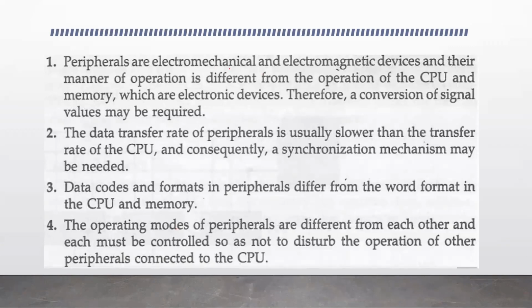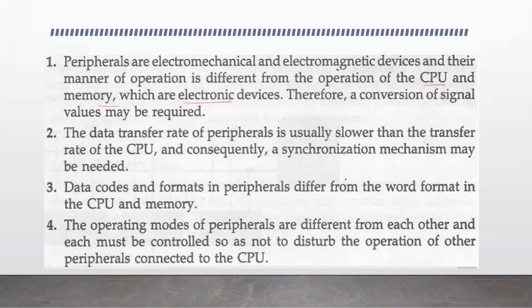The peripherals are electromechanical and electromagnetic devices, and their manner of operation is different from the operation of the CPU and memory, which are the internal components, electronic devices. So the manner of operation of the input-output devices is different from the electronic devices, such as the CPU and memory.